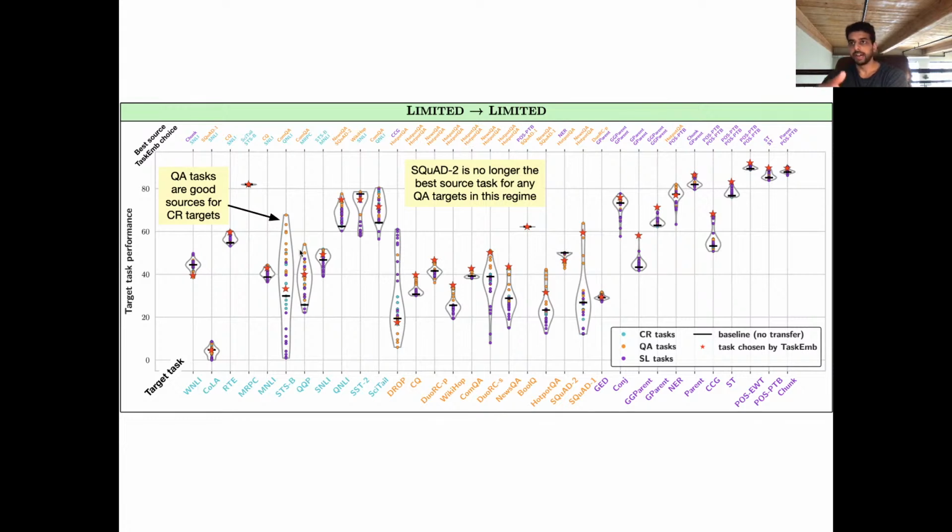And this is called a violin plot. Each dot inside one of these violins represents the performance on the test set of the associated target task when we've fine-tuned with a particular intermediate task. So each dot represents a different intermediate task.